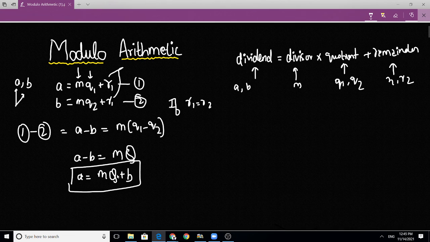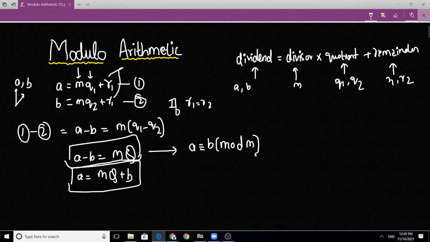Or some people just write it like this: a minus b equals m q. In a different form, I write a congruent to b mod m.